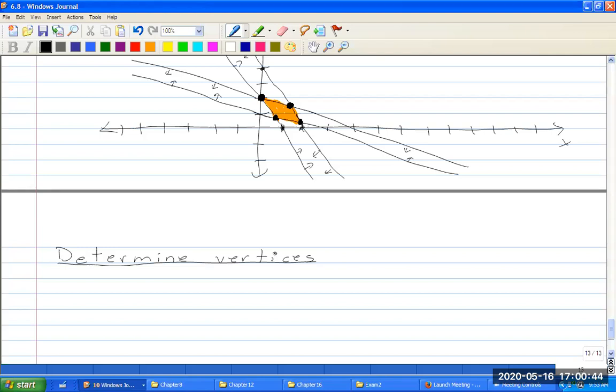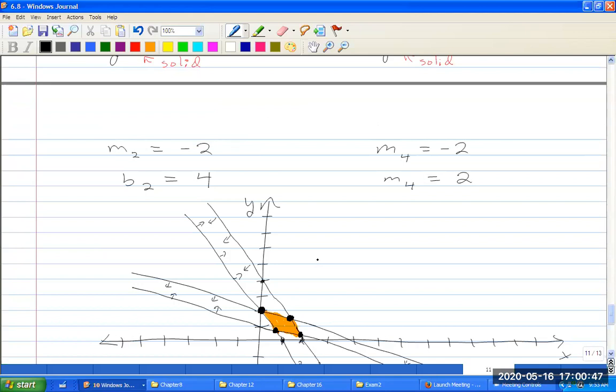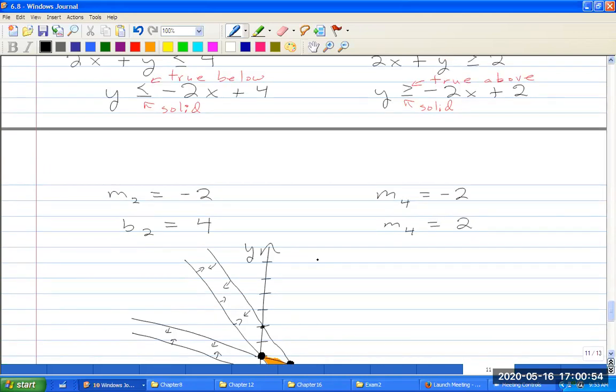Oh, and maybe what I'll do, just to make my life easier, so this is minus 2x. So this was the equation y equals minus 2x plus 4, y equaling minus 2x plus 2.